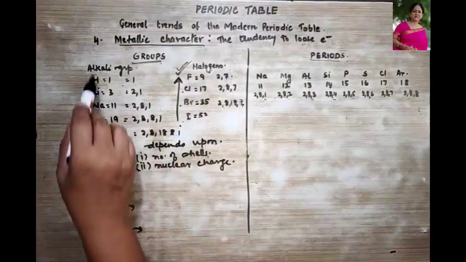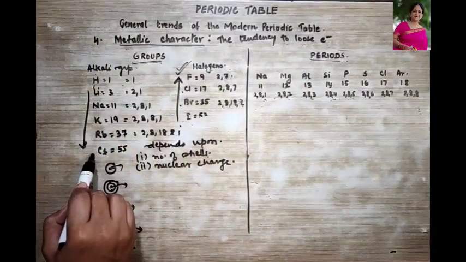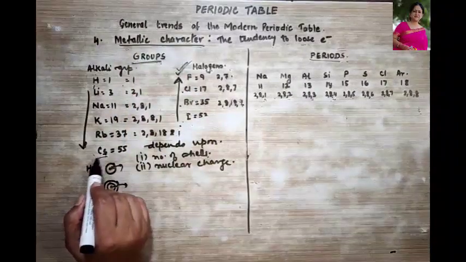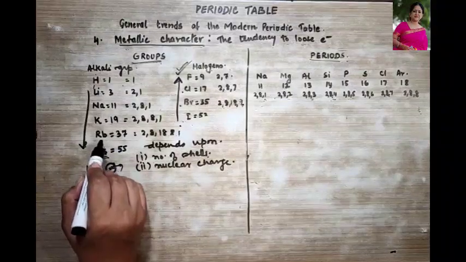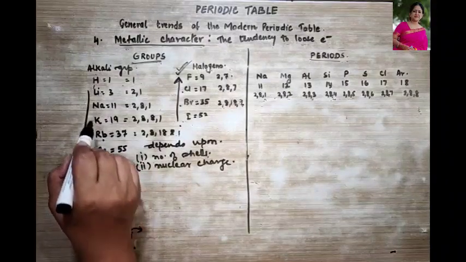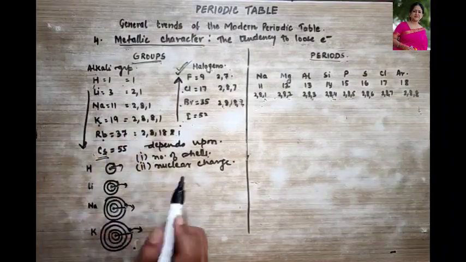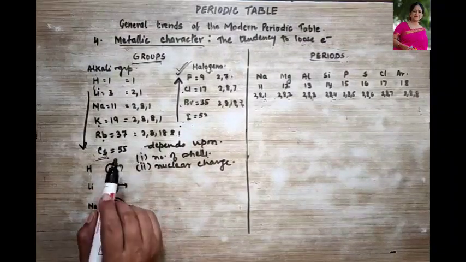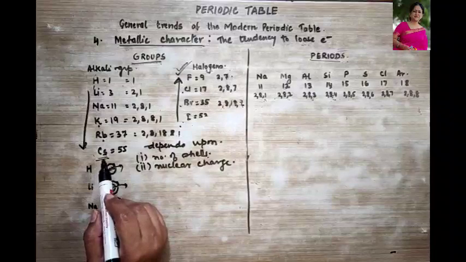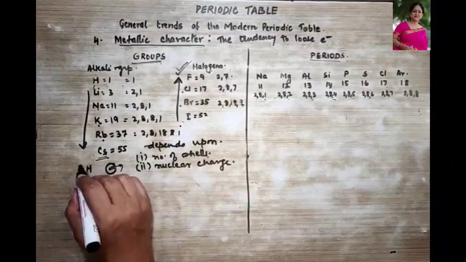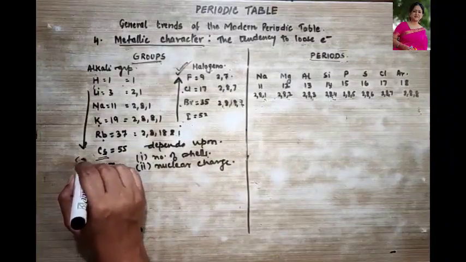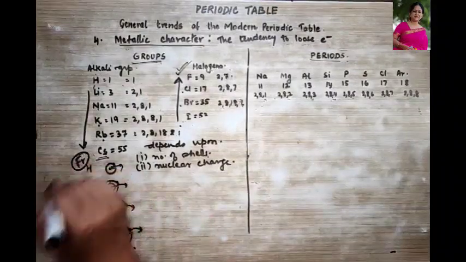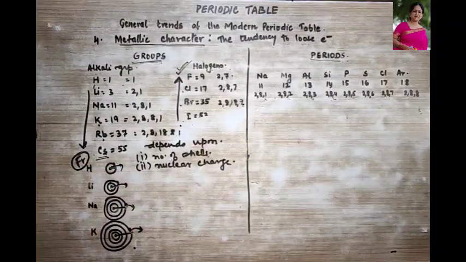So in the alkali elements, which has the most metallic character? Cesium is most metallic, followed by rubidium, then potassium, then sodium. Okay, so cesium is said to be the most metallic element. Now you must be wondering, after cesium comes francium, and why Miss is not using the element francium over here.